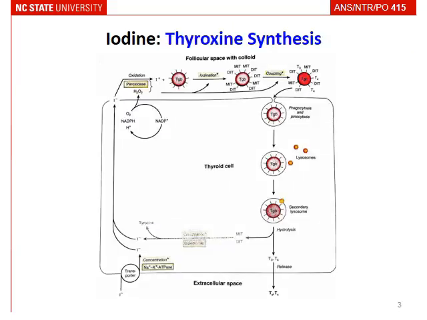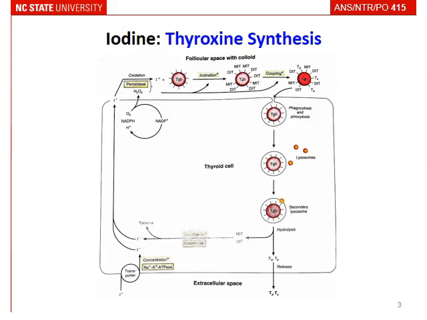So here we have a diagram of how our thyroxine is actually synthesized. We have our thyroid cell here, and all of this has to occur within the thyroid cells or the thyroid gland because the thyroid is the only tissue able to oxidize iodine to its higher valence level. That's why all the other tissues are unable to do this.